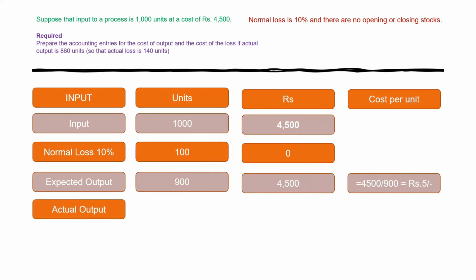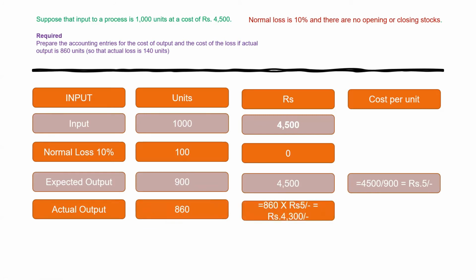Then what is our actual output? Actual output is given as 860 units. How do you allocate the cost? 860 units times 5 rupees per unit, so the total cost will be 4300.